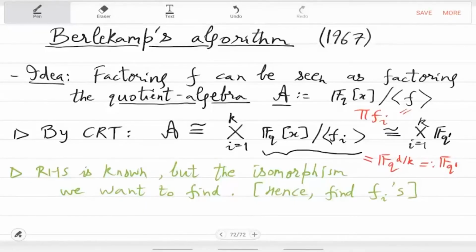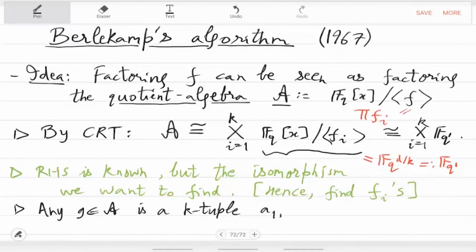One more thing that we can deduce from this structure is that any element g of A is a k-tuple (a1 to ak).